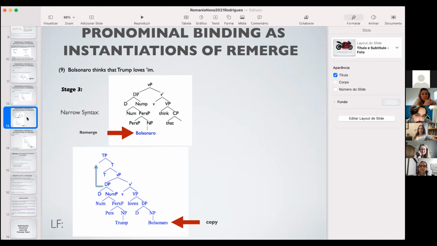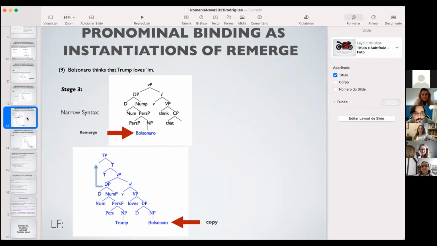You copy something from one substructure to another substructure, and you merge that thing with functional material, for example, case.